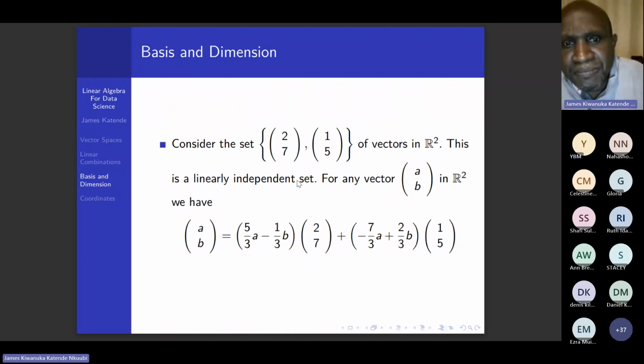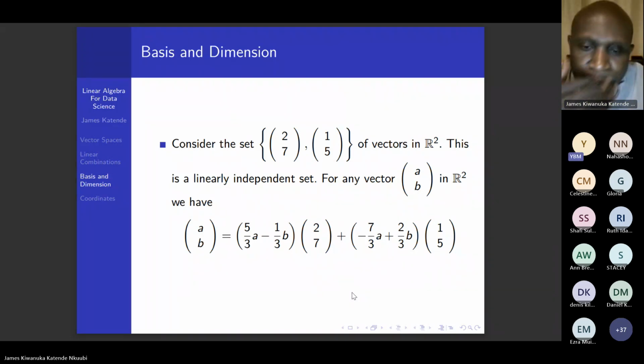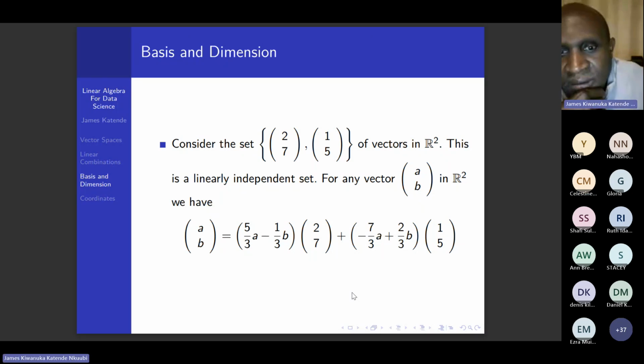So here is another pair of linearly independent vectors in R2. And again, you can check that if you pick any other vector in R2, it's possible to express it as a linear combination of these two vectors with these as the coefficients. This is a little more interesting, with somewhat more interesting coefficients.